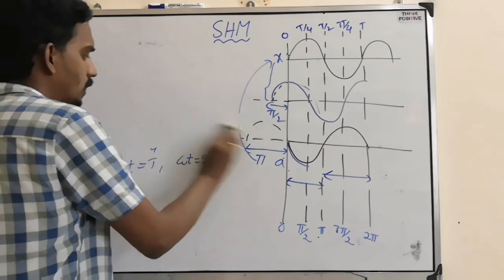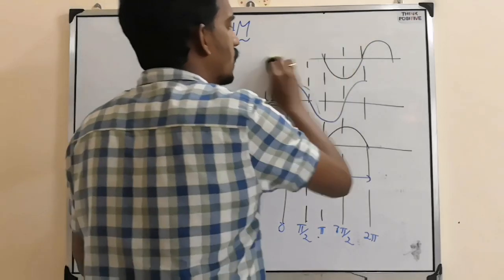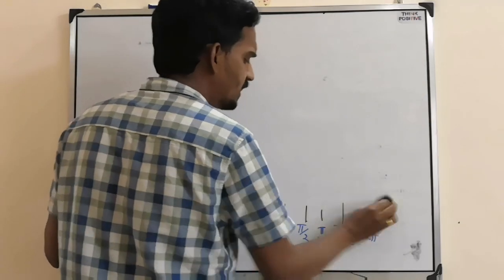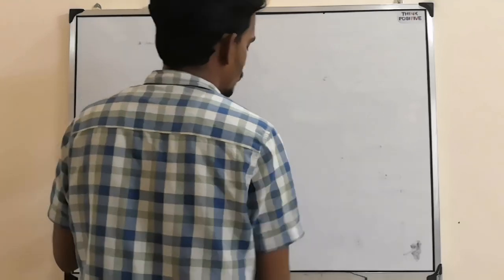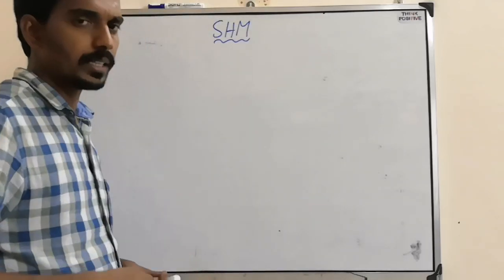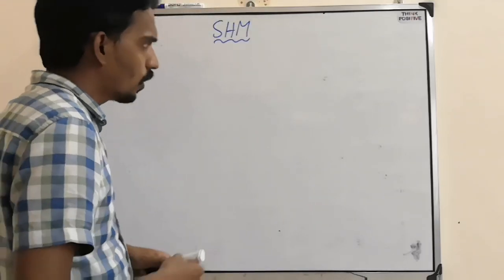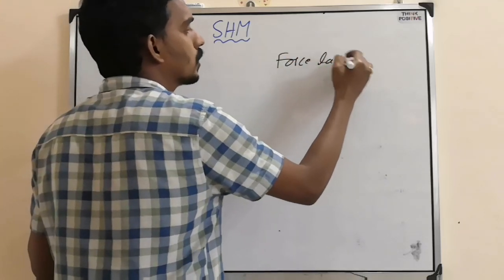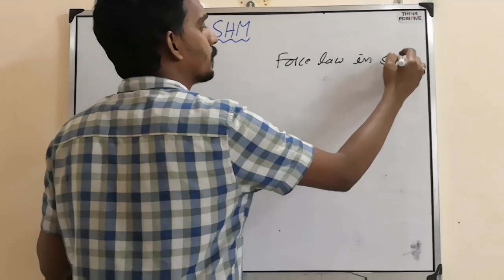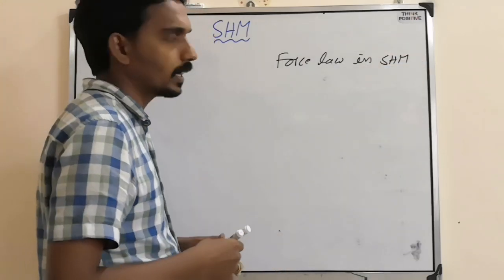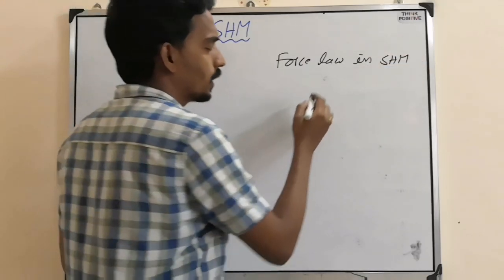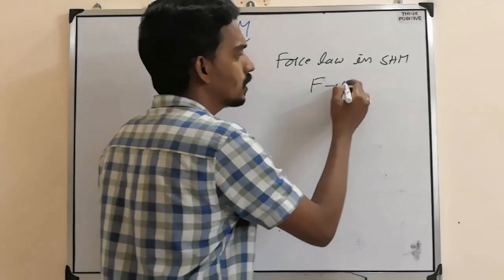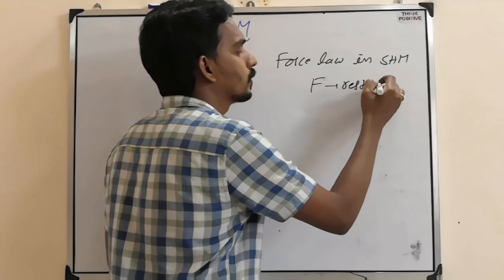Now after that they'll ask you questions based on the time period of any unknown system. So when they ask you to find the time period of a system, what you have to use is the force law in SHM. What does that mean? You have to find the restoring force.